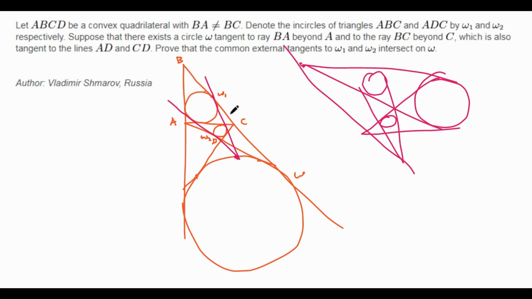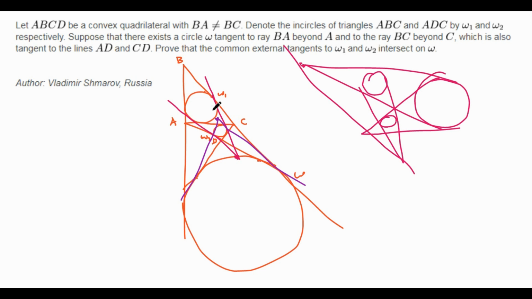And we also have omega 1 and omega with their common external tangent at B. So we already have two, which highly suggests that we should draw the third one in, which is the common external tangent between omega and omega 2. Like so. And what does Monge's theorem state? Monge's theorem states that B, our mystery red point, and this purple point are collinear.